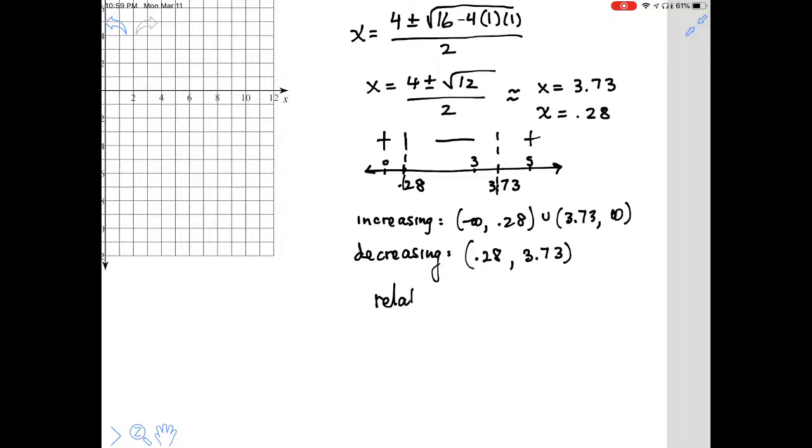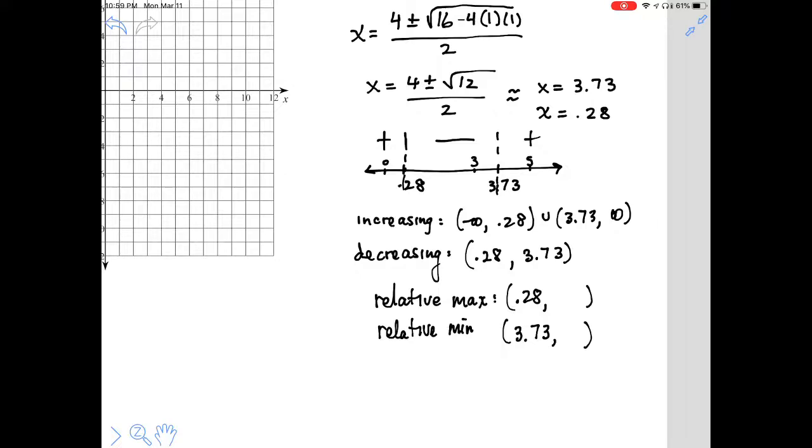This question also asks for the relative max and min, the relative extrema. So there's a relative max when there's an x value of 0.28, and there's a relative min when there's an x value of 3.73.